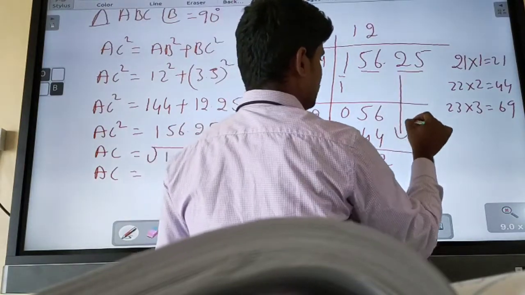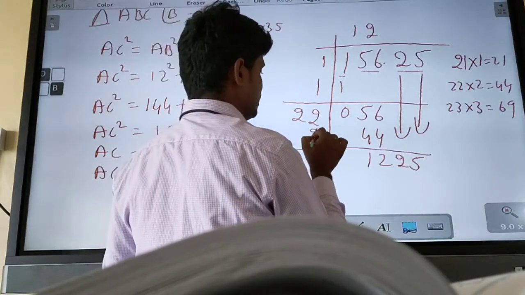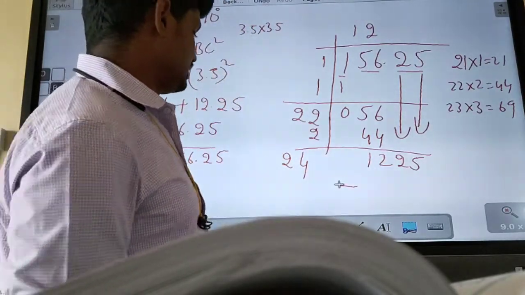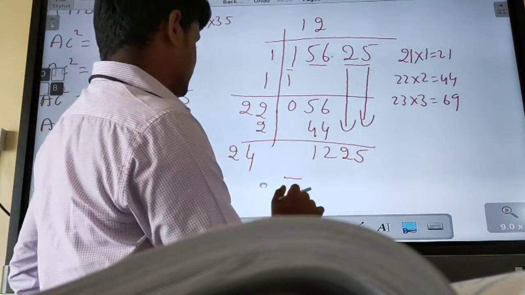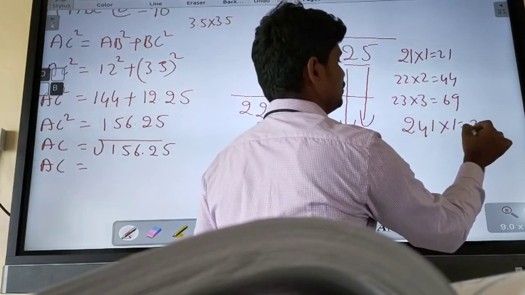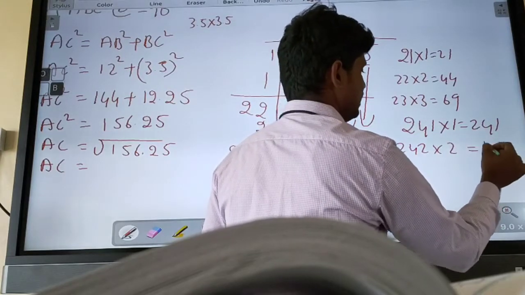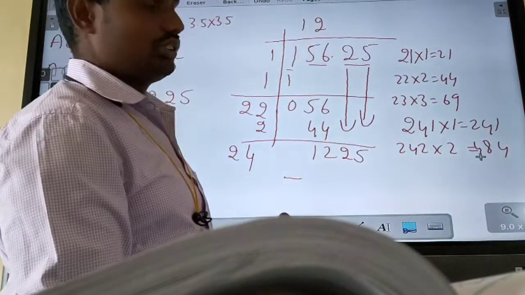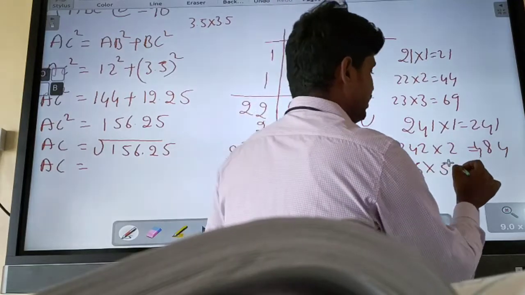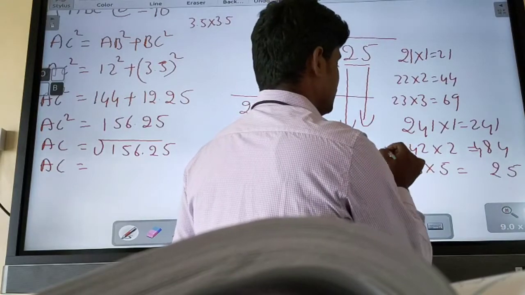6 minus 4 is 2. 5 minus 4 is 1. Now take 25 down. Take the double of 22, which is 44. Now the divisor is 24 and we need a digit next to it. 241 times 1, 242 times 2, 244 times 4, 245 times 5. Like that you should solve. 5 times 5 is 25, 5 times 4 is 20 plus 2, 22, 5 times 2 is 10 plus 2, 12.